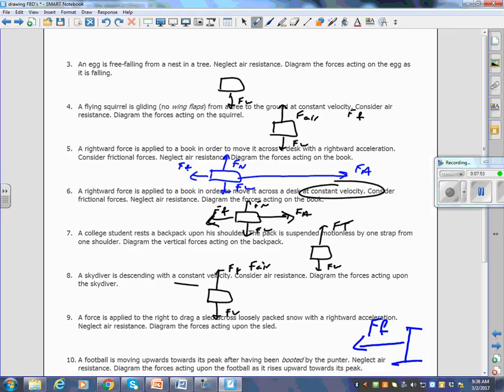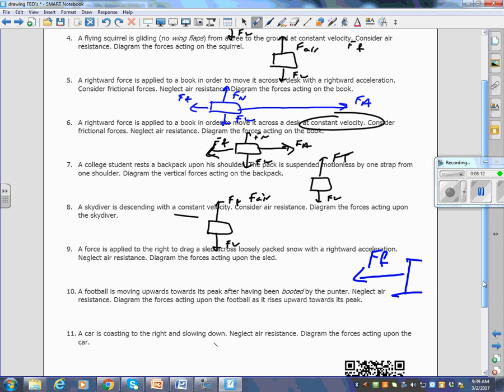A force is applied to the right to drag a sled across loosely packed snow with a rightward acceleration. Loosely packed snow. There are some code words in there. Does that mean no friction or some friction? Loosely packed snow means some friction. If you've ever run through snow, you know there's a considerable amount of resistant force. So rightward acceleration.